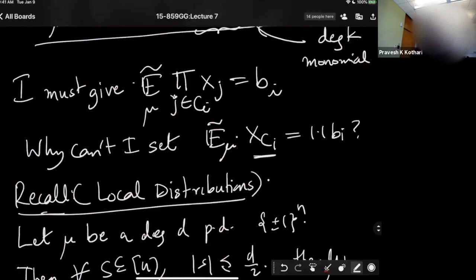In fact, under every actual distribution on variables in CI, the value of the monomial x sub CI is +1 or -1. So there is no distribution that can make this happen. So this is not legal. We can't quite give it a value 1.1 bi. Hope that made sense. We're going to use this local distribution argument again and again now, but this was the simplest use of it.